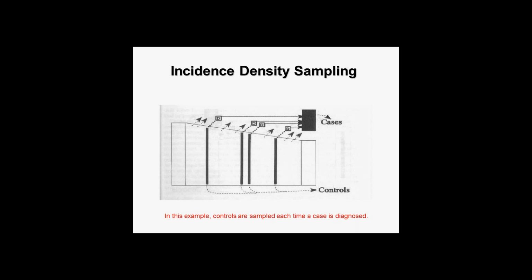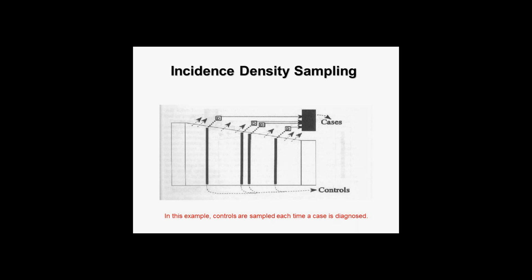Let's say that a person became a case in year 2, and we have another case that came up in year 1. Well, that person could still be a control for the case at year 1, because at that point in year 1, they're still contributing person time and follow-up as a control. It's not until year 2 and beyond in the study that they're contributing time as a case. So that person can serve as both the control and the case.